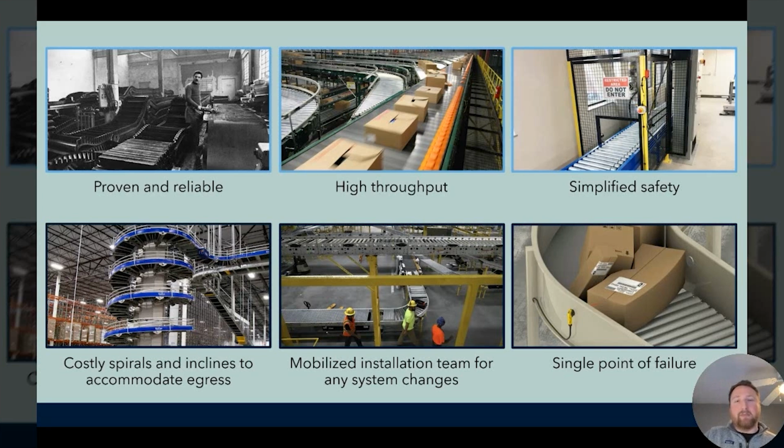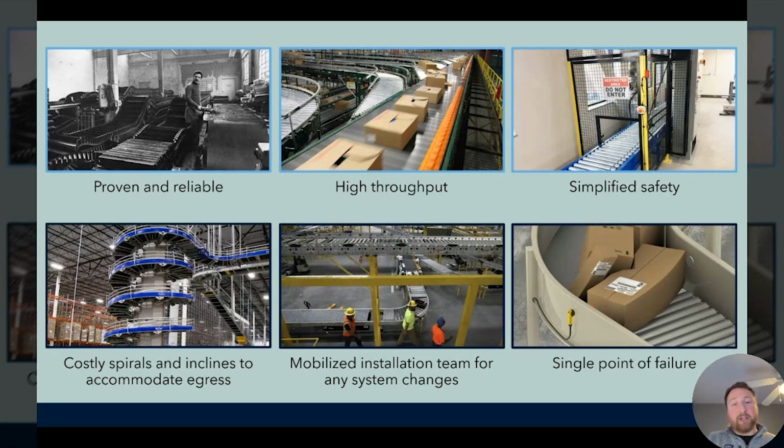But with all of that comes some downsides for conveyor, right? That whole concept of it being in the same spot in an hour or a day can be a downside. Conveyor can really quickly create walls. And then at that point, getting into areas where you're interacting with conveyor, getting the product out of areas where you need a lot of operators, requires things like costly spirals, inclines, ceiling hung conveyor, just to accommodate egress and access.